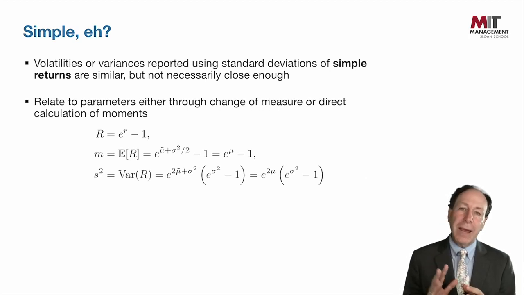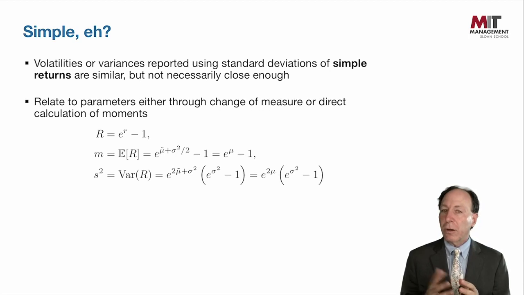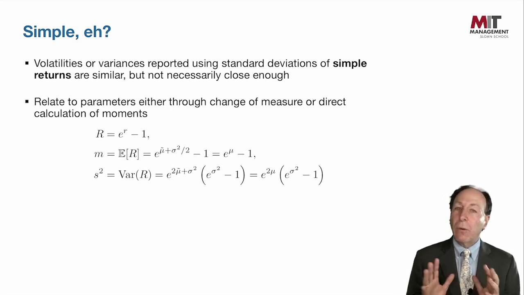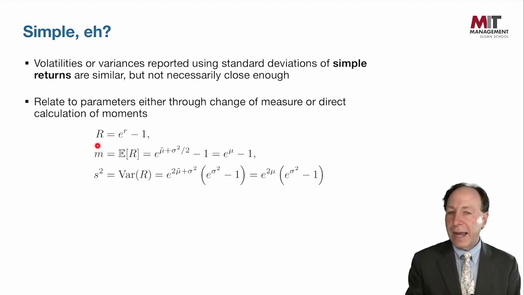But often mathematically, it's better to work with logarithmic returns, continuously compounded returns, rather than simple returns. Now, they're one-to-one connected, because the simple return is just, I can exponentiate the logarithmic return and subtract 1 and get the value that I need there.